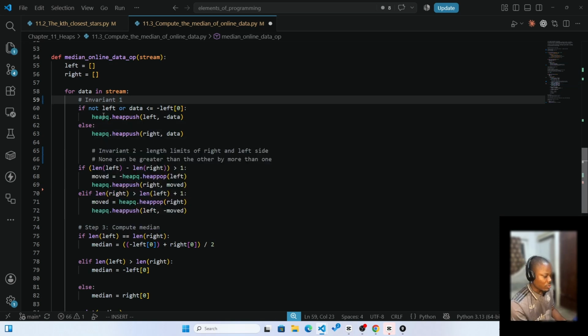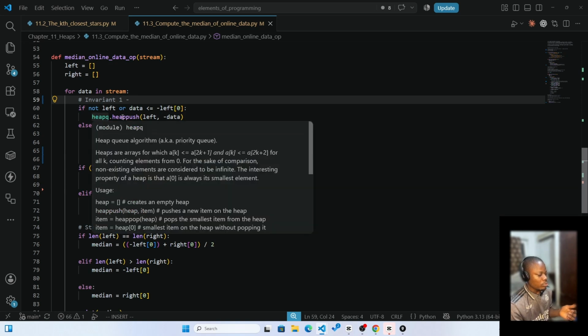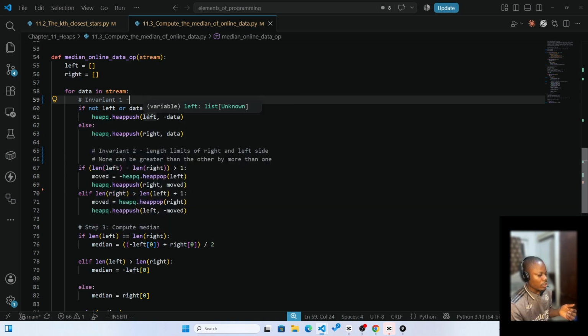Now I don't have the reason for this one, but I believe we'll see the reason as we read the code. It says if not left or data less than the left value, or minus the left value, heappush, okay, he pushed to the left data minus value into the heap, else he pushed to the right.